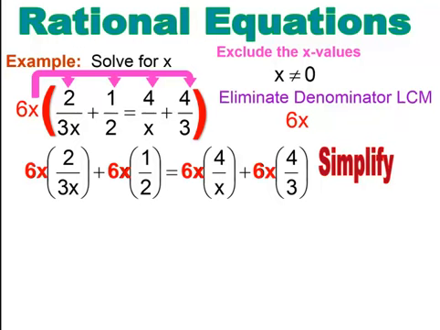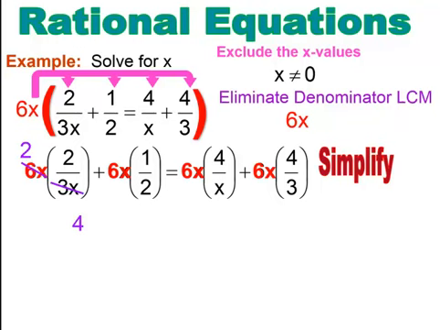And then you want to simplify piece by piece. So when you look at the first piece here, I have 6x times 2 over 3x. Now I'm going to simplify, and I see that 3x will go into 6x 2 times. And now I need to take that 2 and multiply it to the numerator, which in this case is 2, so I end up with 4.